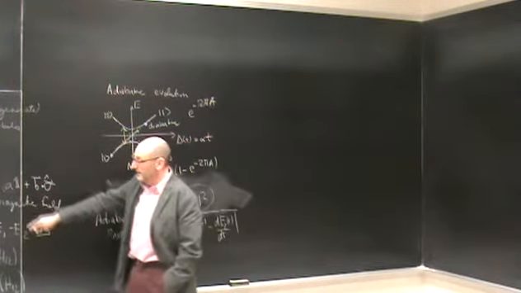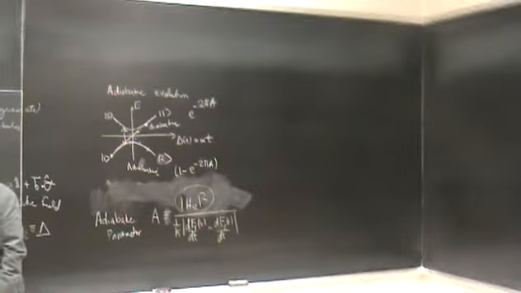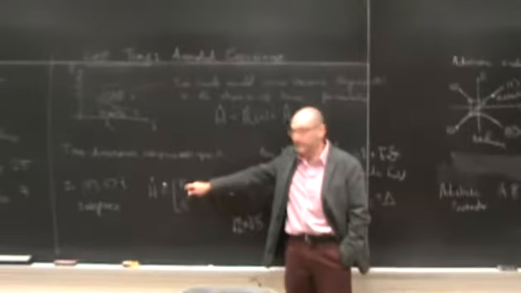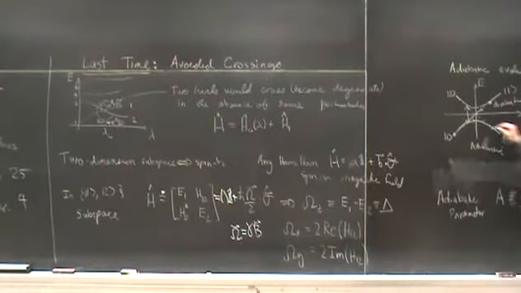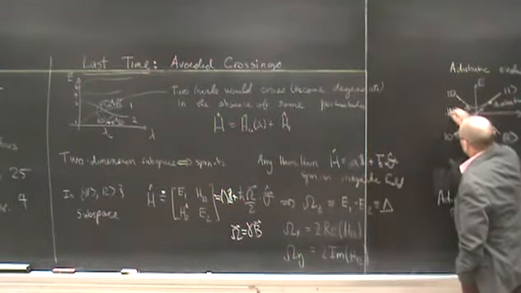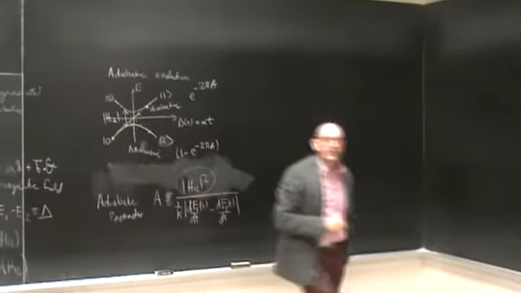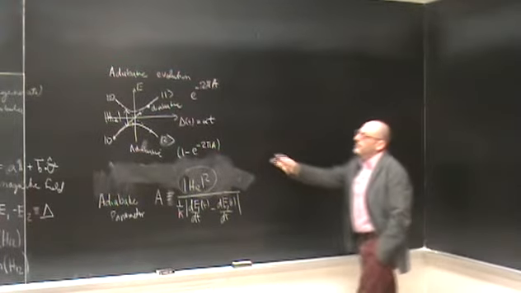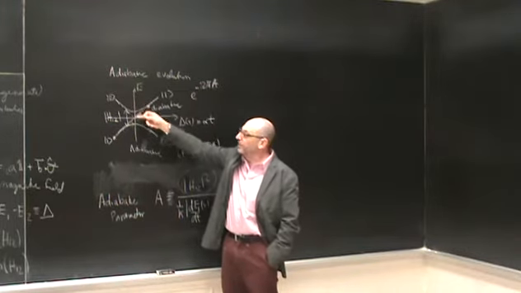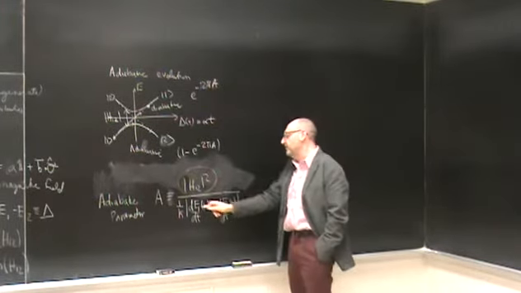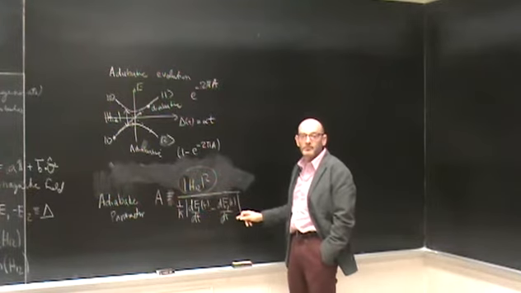Because at that point, these guys are degenerate. E1 equals E2. So this gap is related to this. So you need to have the gap, the mixing, big enough. That's one thing you need. And the second thing you need is to change the system slowly enough.